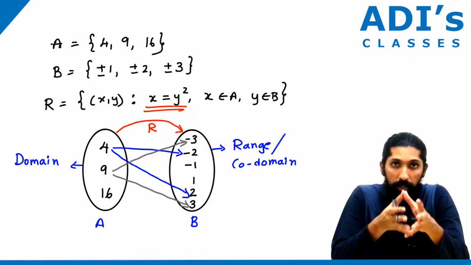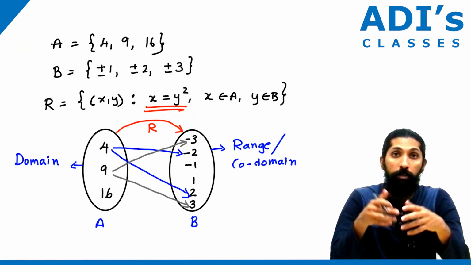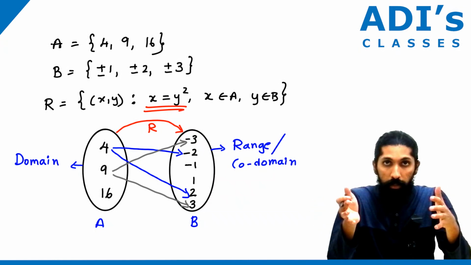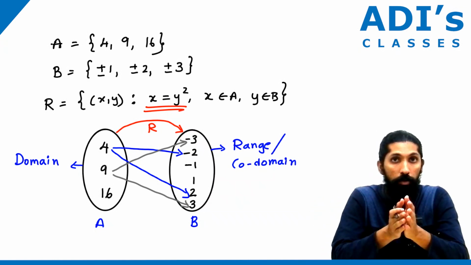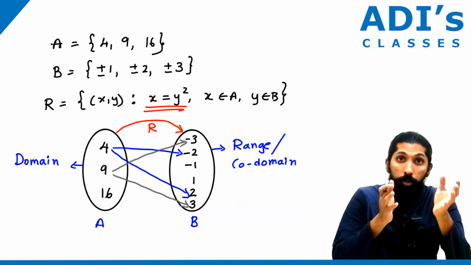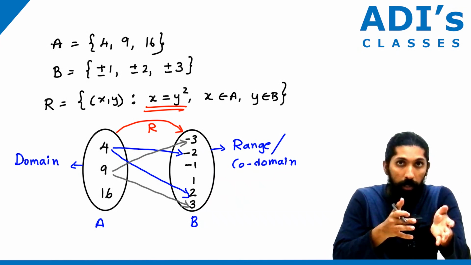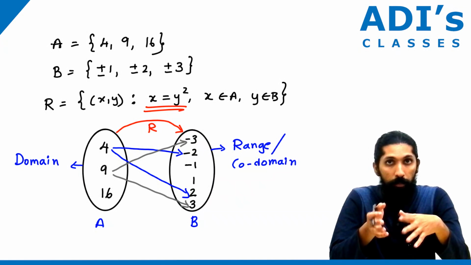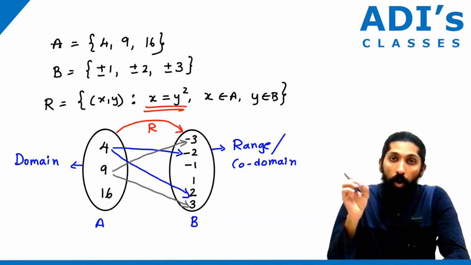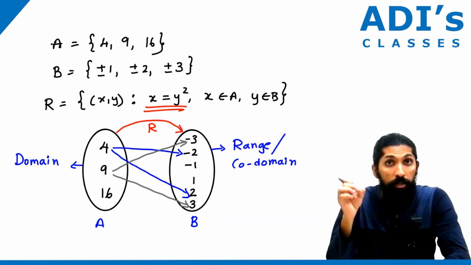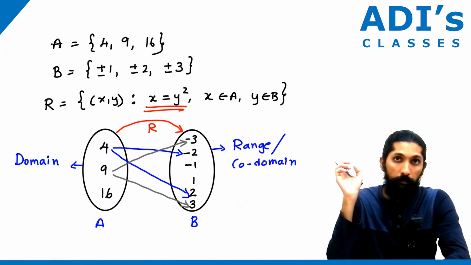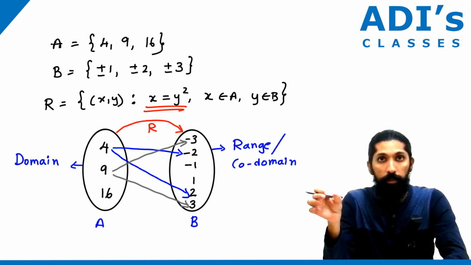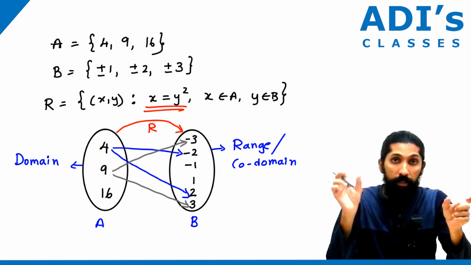Domain is the set of elements where you're trying to find a relation between that and another set. Correct? The elements which belong to that particular set are called the domain set. And once you get the relation, we get the codomain, or it's also called the range of that particular relation. Fair enough? So we have domain, codomain, or you can say domain and range.